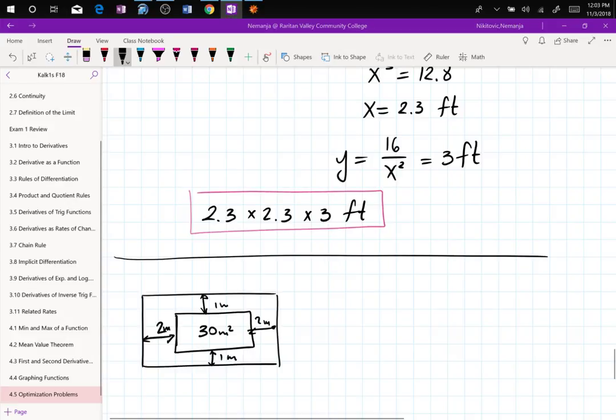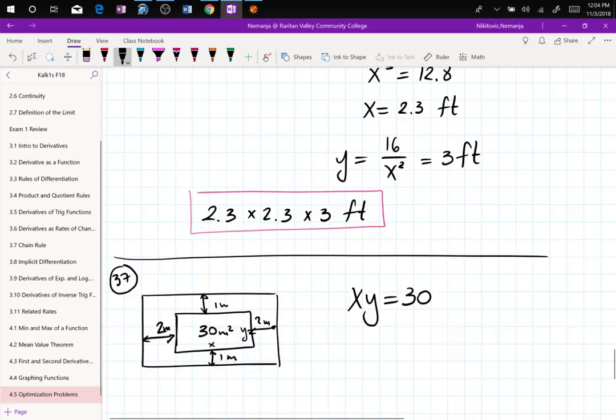Great. So I'm going to call the inner dimensions x and y, because that immediately gives me my xy equals 30 constraint. This is problem 37 in your textbook.